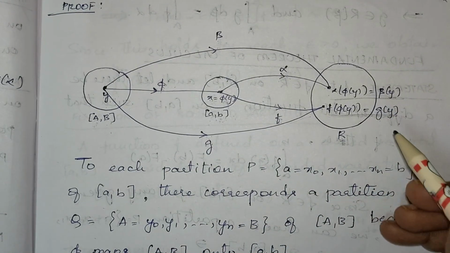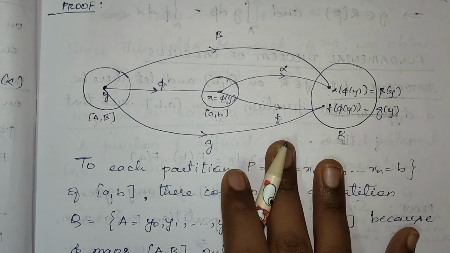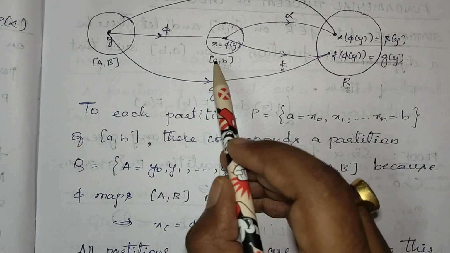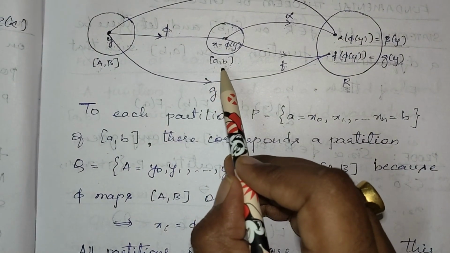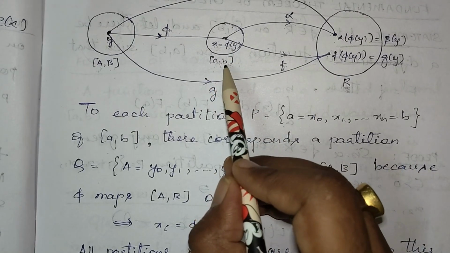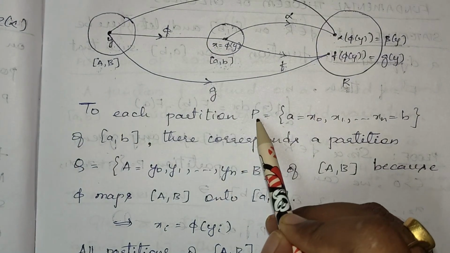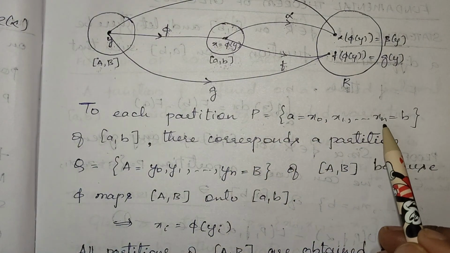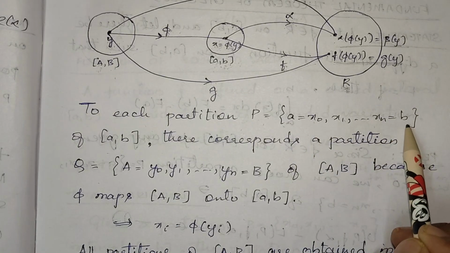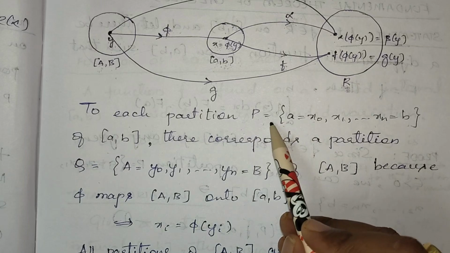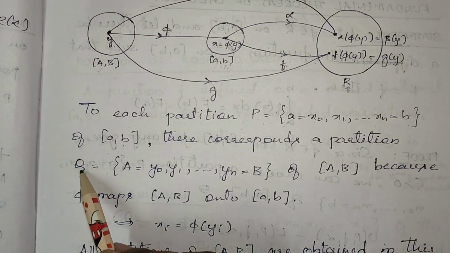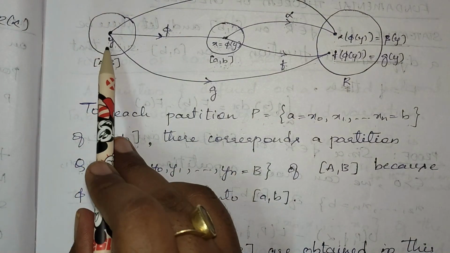Okay, see here, with this now we'll get into the proof. To each partition P of the closed interval [a, b], we always take a partition P as x0, x1, and so on up to xn, where x0 equals a and xn equals b. So to each partition P of the closed interval [a, b], there corresponds another partition Q in the interval [A, B].